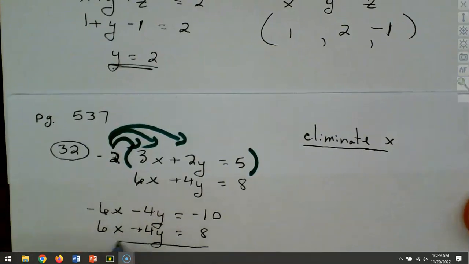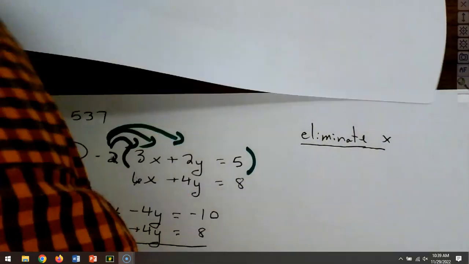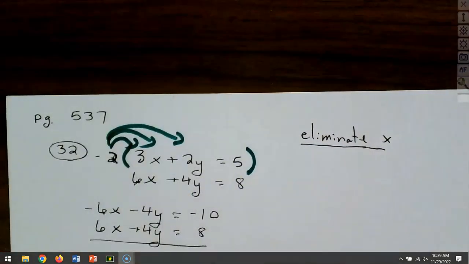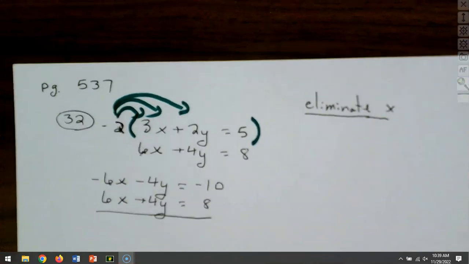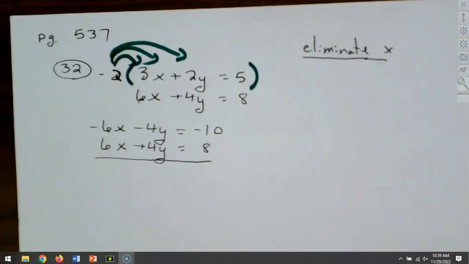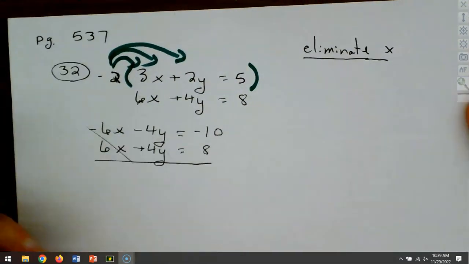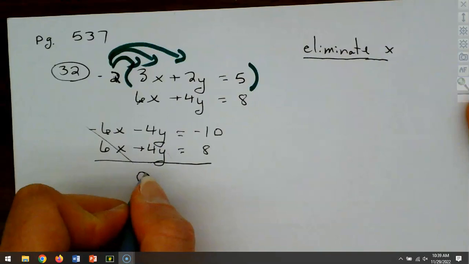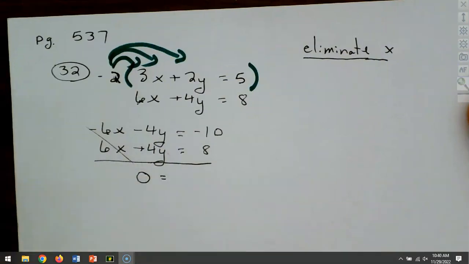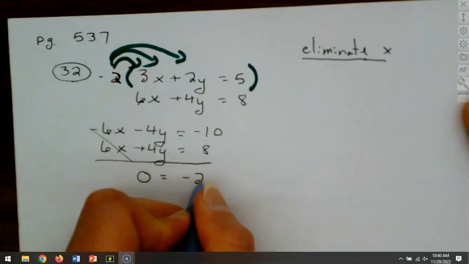We're going to add these together. Now, when I add these together, what's going to happen here? When I add them together, the x's go away, right? The y's go away, so the left-hand side is 0, but what about the right-hand side? Minus 10 plus 8, well, that's a minus 2.